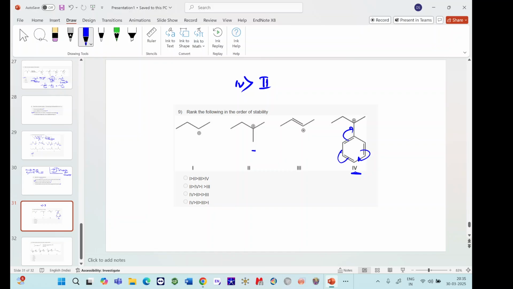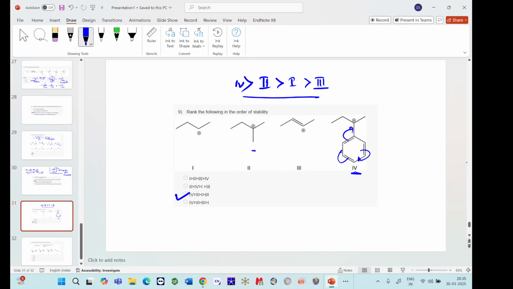What I told you is that a carbocation that is present on sp3 is more stable than when it is present on an sp2 or sp carbon, because of the relative s character and the electronegativity of the carbon atom. So generally the sp3 carbon will come first, so 4, 2, and then 1, and at the end it will be 3 in stability. So what is the option? 4, 2, 1, and 3.